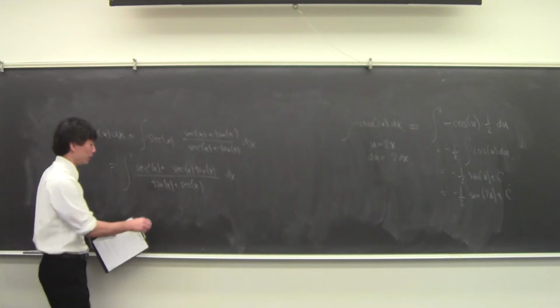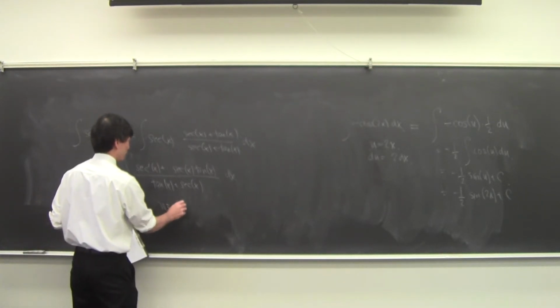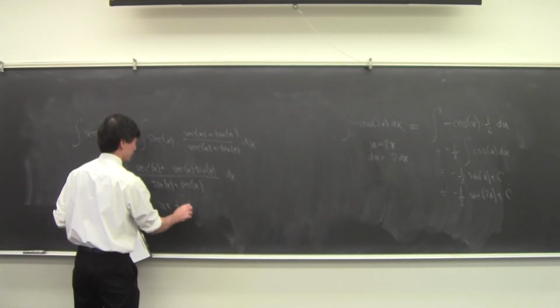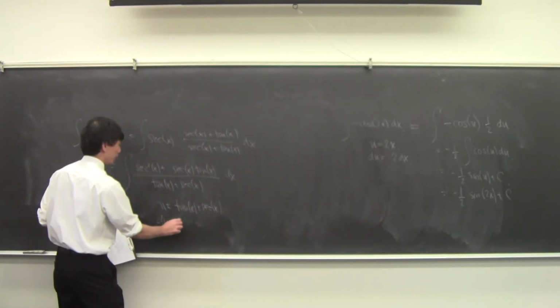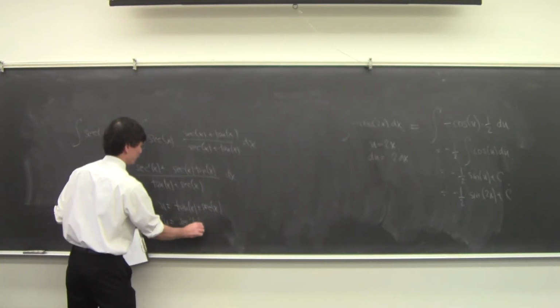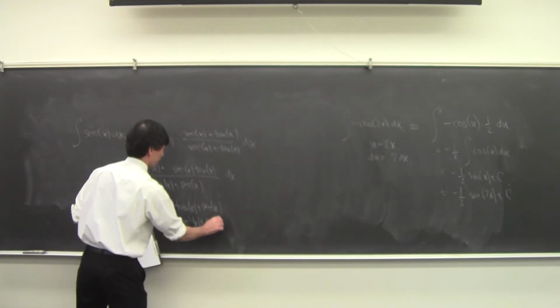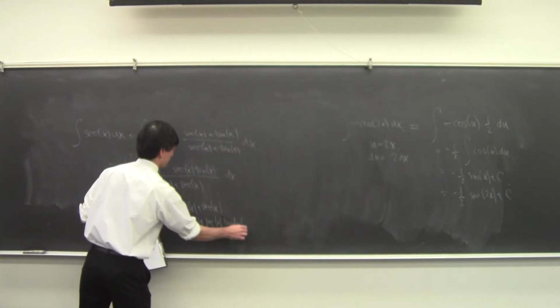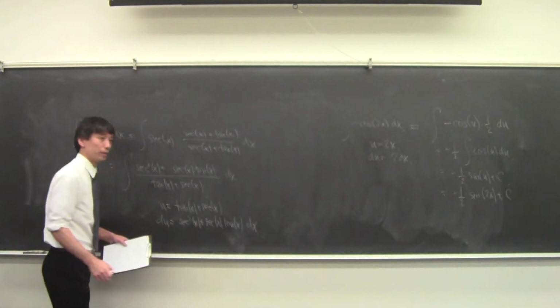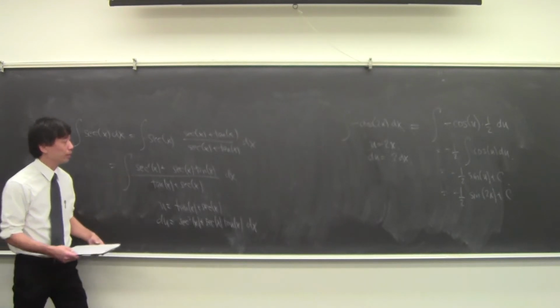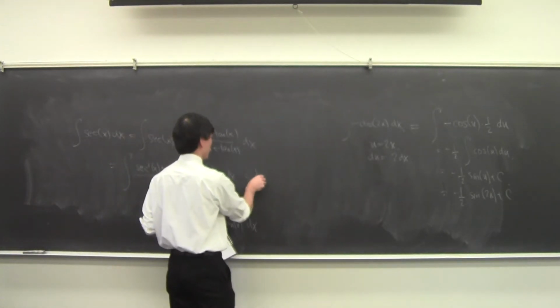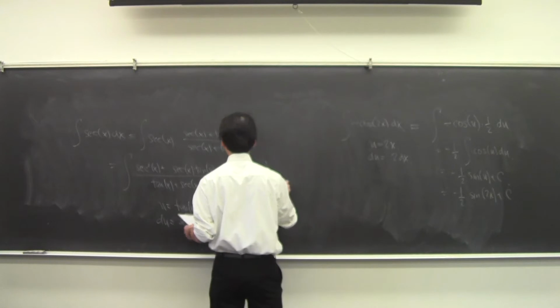If u is secant plus tangent, well, du is secant squared plus secant tangent. So this is just du over u. When you integrate it, you get the natural log of the absolute value of u.